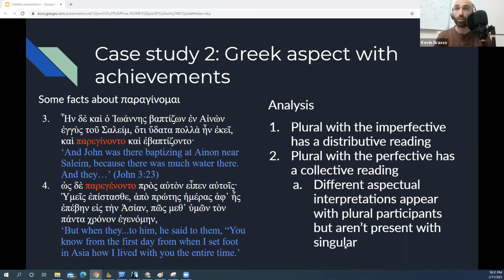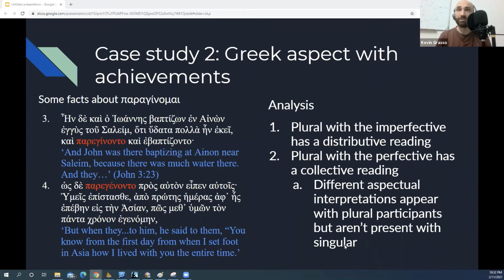right? And so here we actually see an aspectual difference between these two aspects in Greek. One allows for this sort of iterative reading, and then the aorist seems to have this collective reading when we have plural subjects.